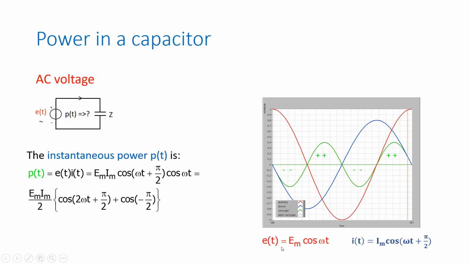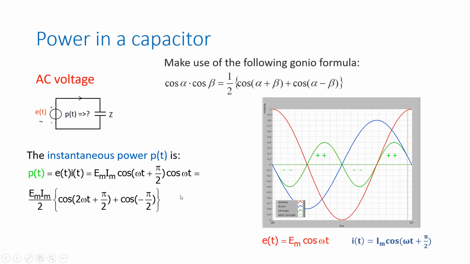So this voltage expression multiplied with this current expression, and we get the amplitude of the voltage times the amplitude of the current times the cosine of omega times t plus pi over 2 times the cosine of omega times t.